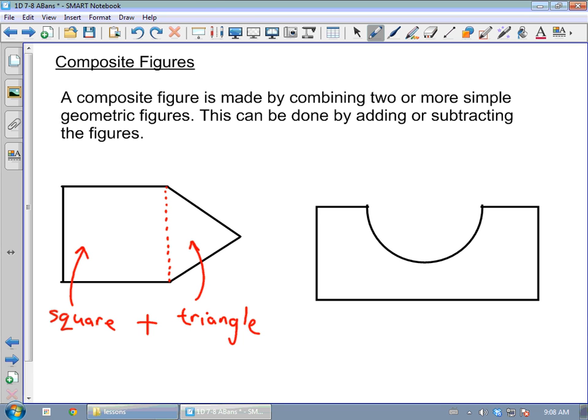What about the one over here on the right? What two shapes have we combined or used to make this composite shape? What if I put a dotted line in here like this? What's the bigger shape that you see around the outside? Yeah, we see a rectangle.